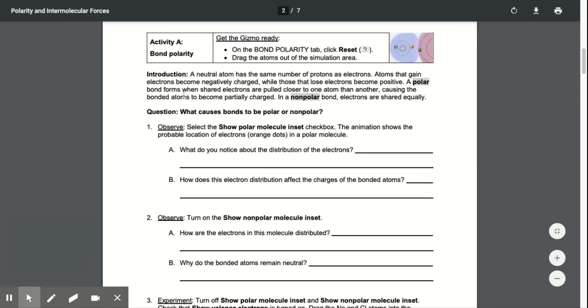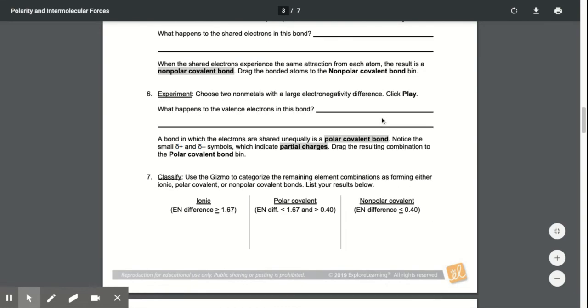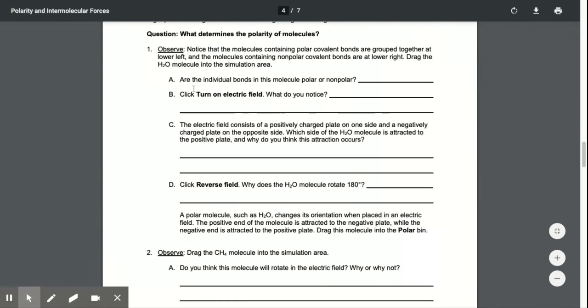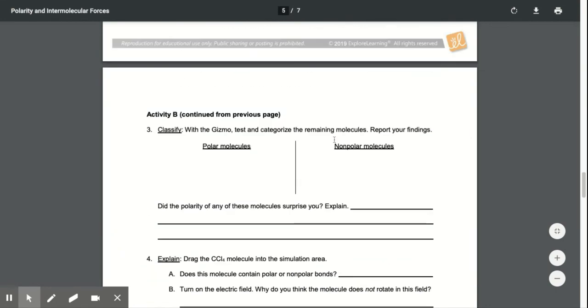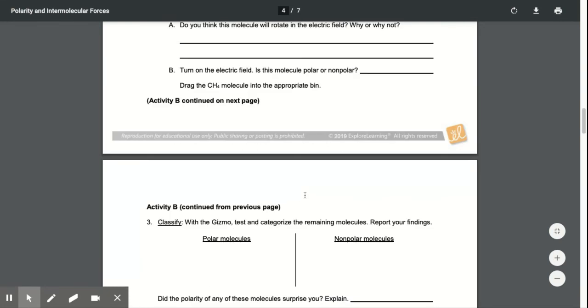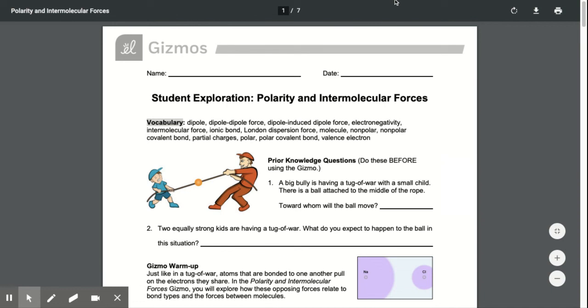And then you are looking at the bond polarity, which was the first tab. So this is a difference in electronegativity, whether it's ionic, polar or nonpolar. And then the molecular polarity was the second piece of that. So when you get down here, if this is in here, pages 6 and 7 for activity C, you can ignore that. You can just ignore this part because it's dipole forces and London dispersion forces, and we have not gotten that far.